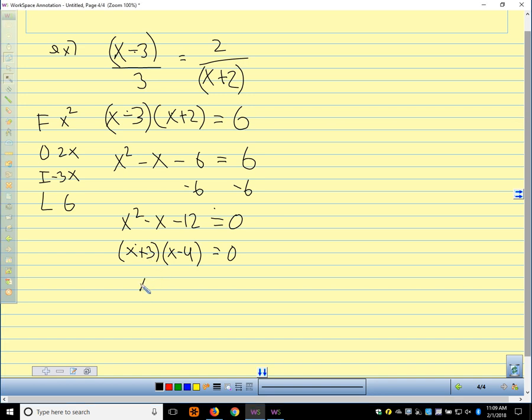So x plus 3 equals 0, or x minus 4 equals 0. Subtract 3 from both sides to get x equals negative 3, or add 4 to both sides, x equals 4. So when I get an x squared, an x, and a number equals 0, usually you get two answers. Sorry, this should be a negative 3.